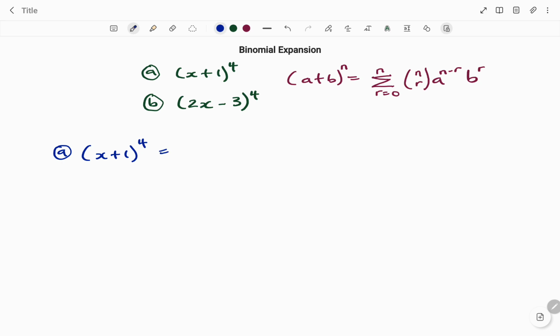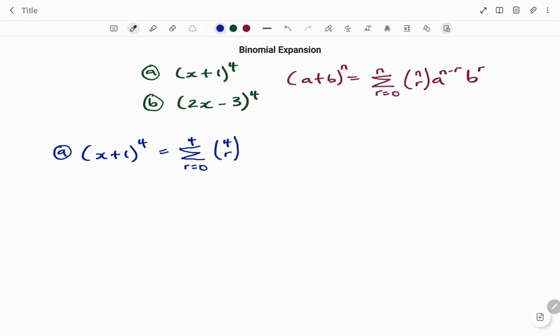In this case, our n is 4, our a is x, and our b is 1. So writing it using the same sigma notation, that will be equal to the summation. N is 4, so I'm going to write my 4 at the top. R is starting from 0. We have our n combination r, so that's 4 combination r.